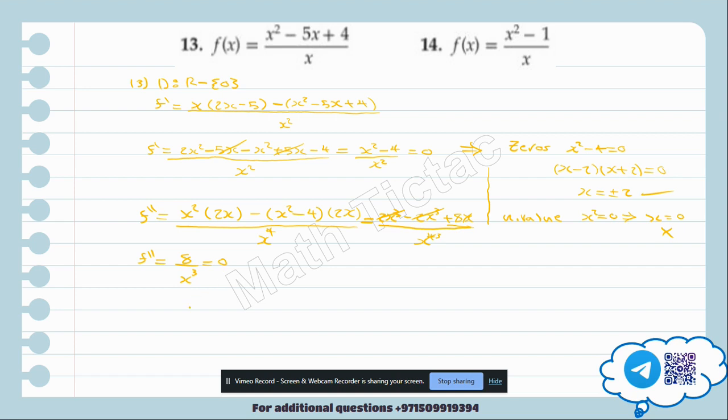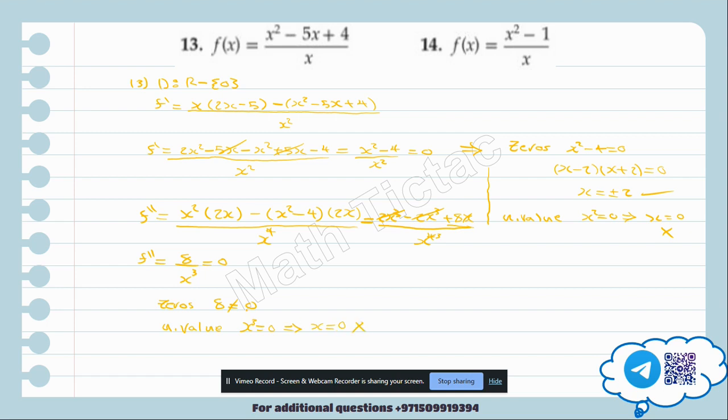Let's make it equal to 0. For the zeros, I make the numerator equal to 0, which is impossible. It is not going to be equal to 0. For the undefined value, x cubed equals 0, which means x equals 0.